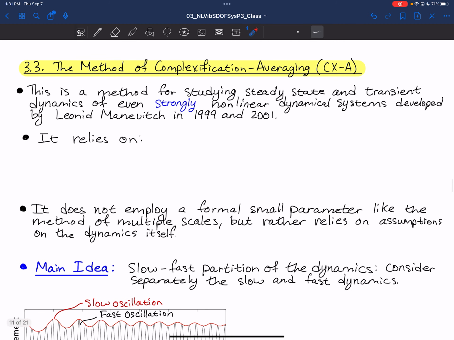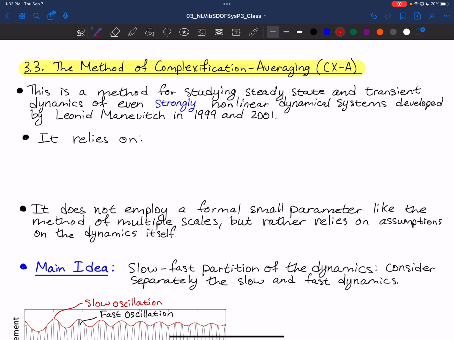So in that case, we're going to start the method of complexification averaging, and we'll see if we finish this or not. If not, then I'll be recording this as a lecture for next week for you guys when I'm gone. All right, so this is a method for studying steady state and transient dynamics of both weakly nonlinear, but more importantly, strongly nonlinear dynamical systems.